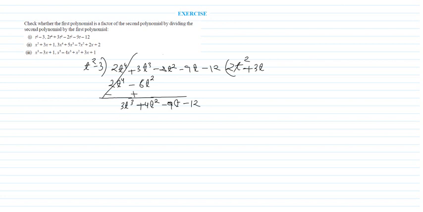So what does this mean? It means that t square minus 3 is a factor of 2t to the power 4 plus 3t cube minus 2t square minus 9t minus 12. You can try to solve the other two parts, and if you find difficulty, you can write in the comments, and we can try to solve them as well.